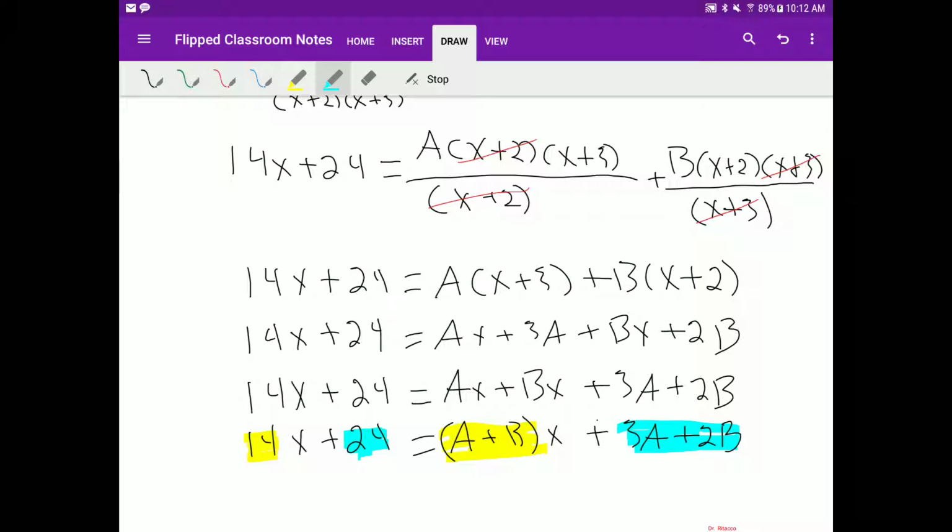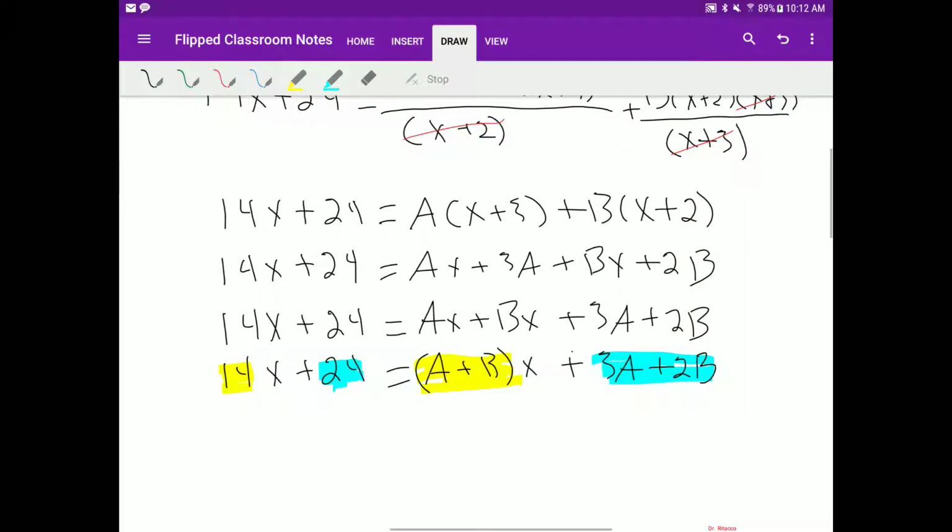So what we're going to do is equate those two pieces, because when we add a plus bx plus 3a plus 2b, we have to end up with 14x plus 24. So I'm going to say 14 is equal to a plus b, and 24 is equal to 3a plus 2b.